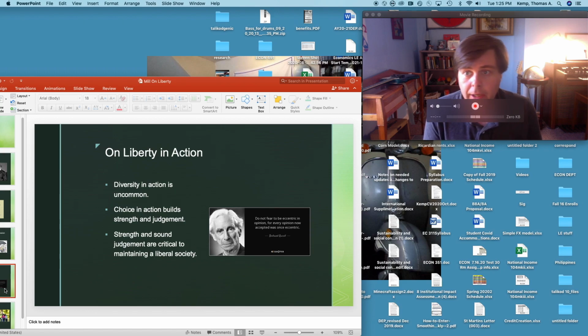On this slide, I have a nice little quote from Bertrand Russell. Of course, Bertrand Russell lived long after Mill, but this quote is certainly consistent with what Mill is saying here, and I thought it was quite fitting. It says, "Do not fear to be eccentric in opinion, or for that matter in action." I'm adding that, obviously. "For every opinion now accepted was once eccentric, was once considered unusual."